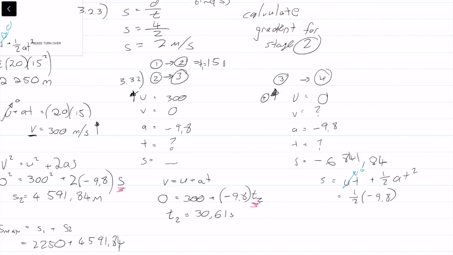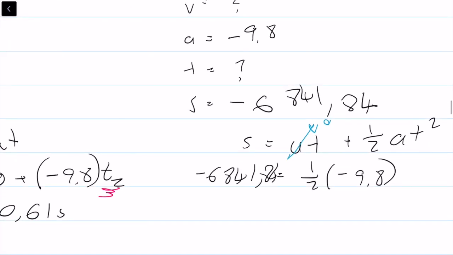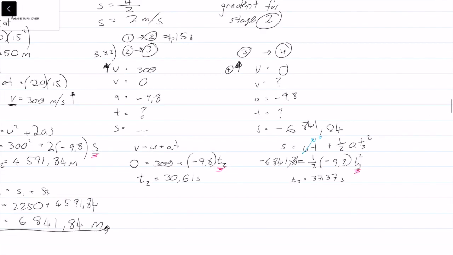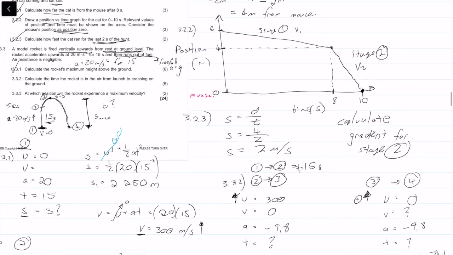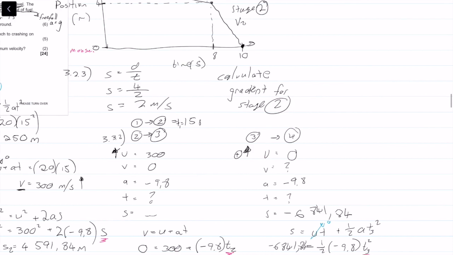S we also know is minus 6841.84, is equal to a half times acceleration times t squared. I'm going to label that t3. The only unknown here is t3, so if we calculate it, we get 37.37 seconds.